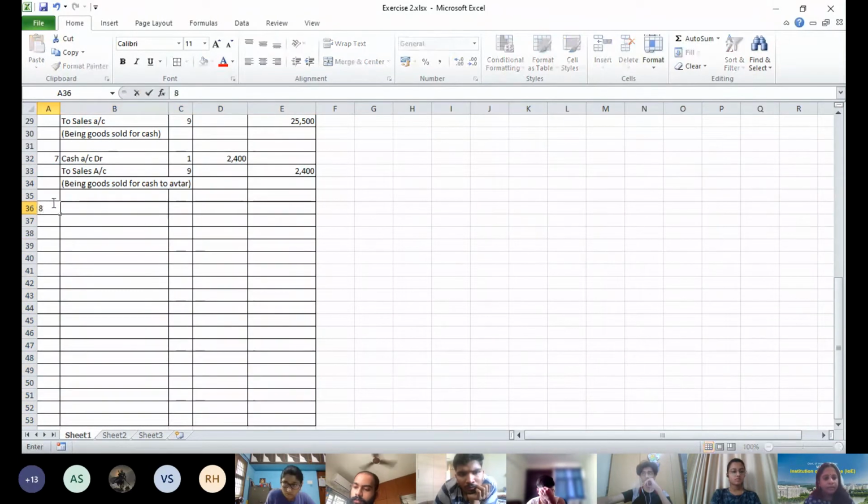Now the eighth transaction. What is the eighth transaction? Sold goods to Mahender on credit. Ajit has sold goods to Mahender. Mahender has bought the goods from Ajit. So Mahender account debit.